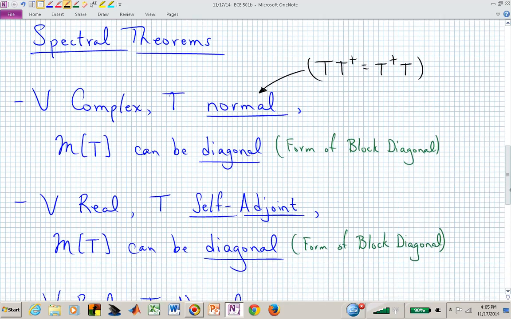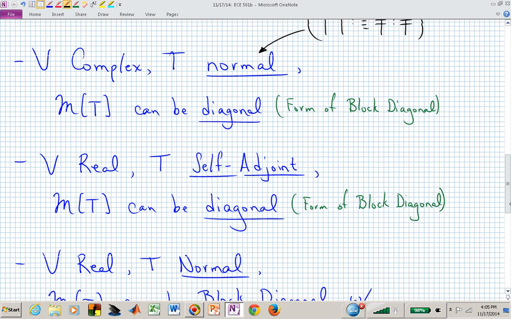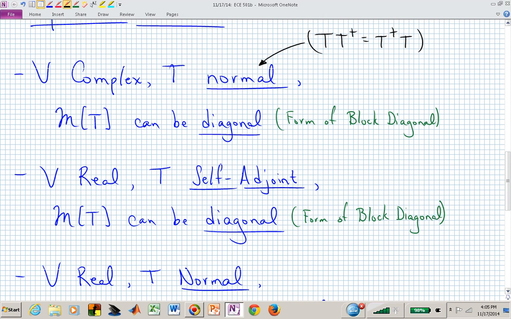Here are our spectral theorems that we have gone over. When we have a complex inner product space V, and when the operator T is normal, it commutes with its adjoint, then a matrix representation of that linear operator can be diagonal. And a diagonal matrix is just a specialized form of a block diagonal.